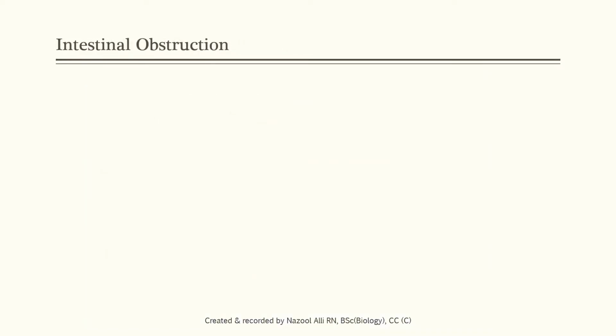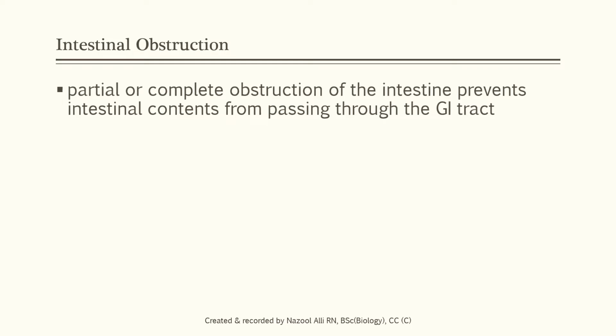So that brings us now to discussing what an intestinal obstruction is. Without making a classification, that is whether it's mechanical or non-mechanical, just as a broad discussion, intestinal obstruction involves either a partial or a complete obstruction in the intestine that prevents intestinal contents from getting through the GI tract.